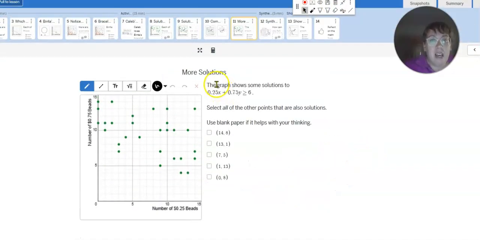Slide 11 says the graph here shows some solutions to 0.25x plus 0.75y greater than or equal to 6. Select all the other points that are solutions. So we could graph these points.